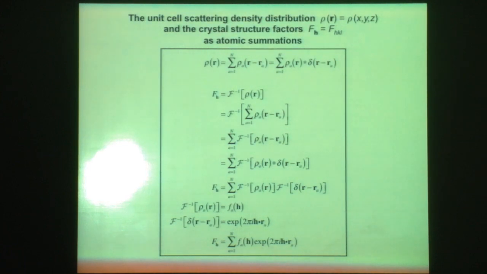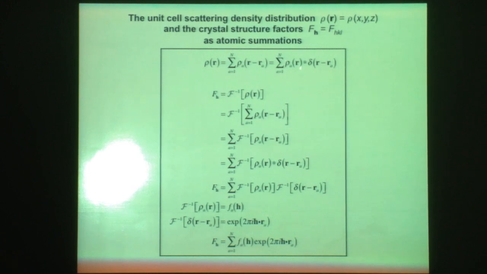We also mentioned on Friday, I think, that we can see both the electron density distribution and the set of structure factors as atomic summations. Clearly, the electron density is a sum over the atoms of the unit cell, each atom represented by its own electron density at its particular position in the unit cell.